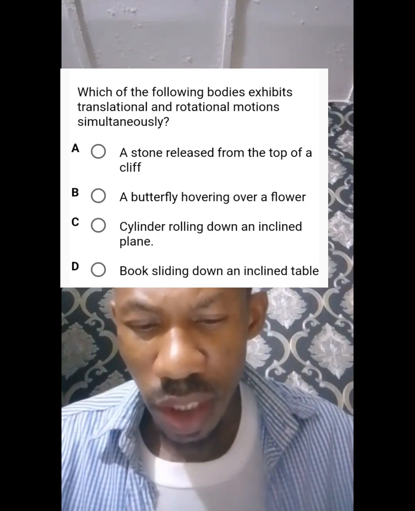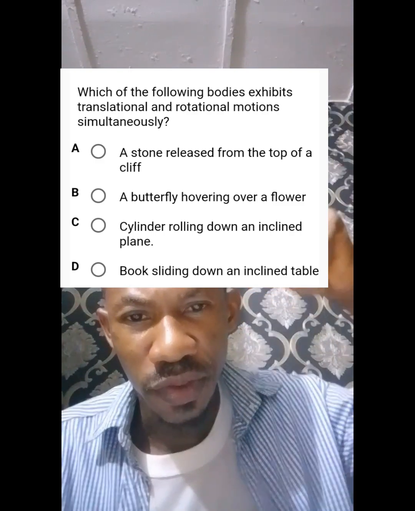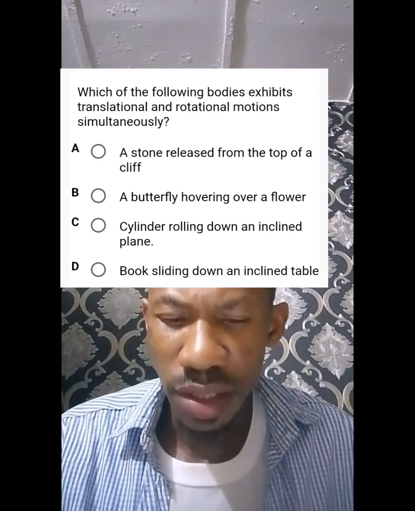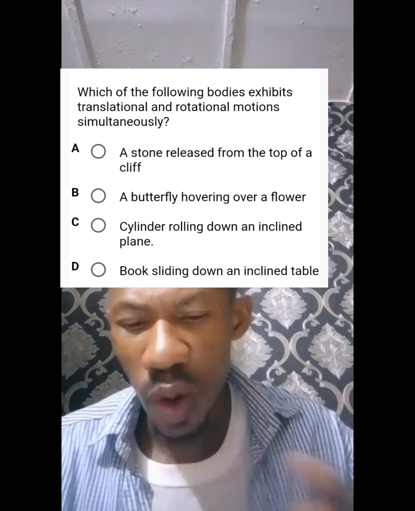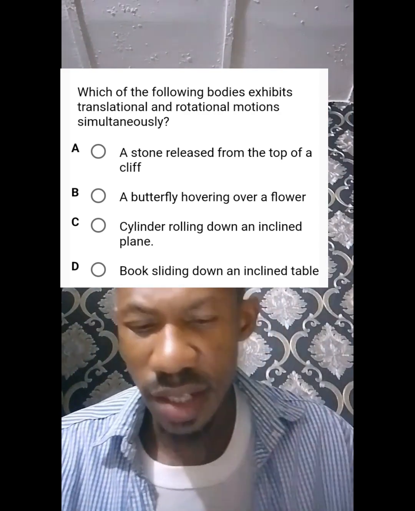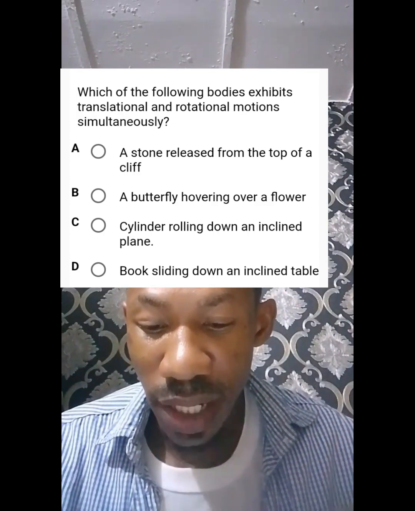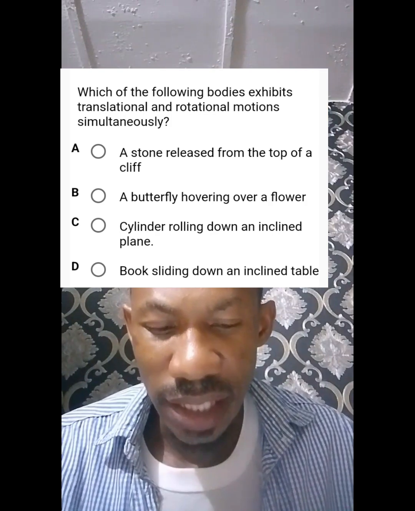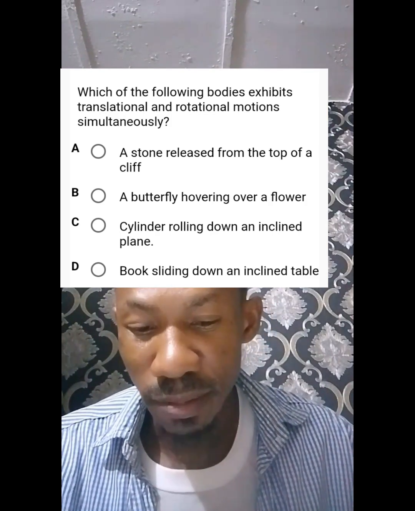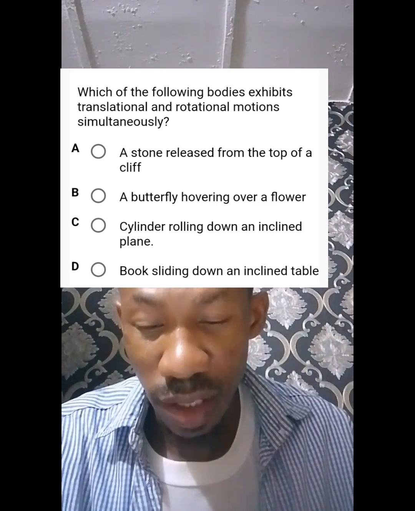So let's look at the options. A, a stone released from the top of a cliff. B, a butterfly hovering over a flower. C, a cylinder rolling down an inclined plane. And D, a book sliding down an inclined plane. He said translational and rotational.